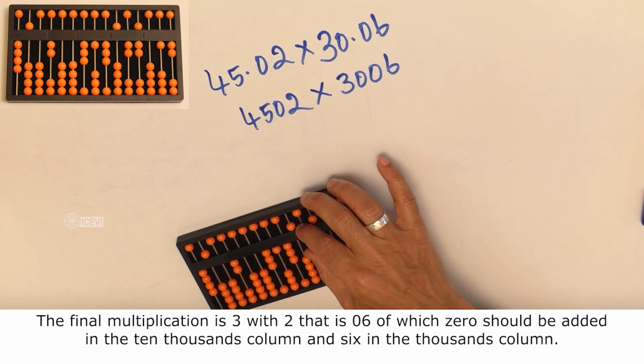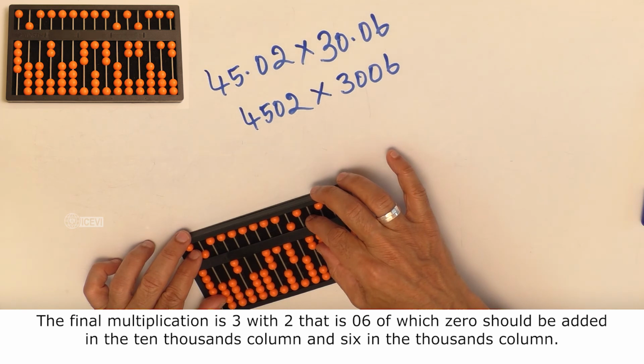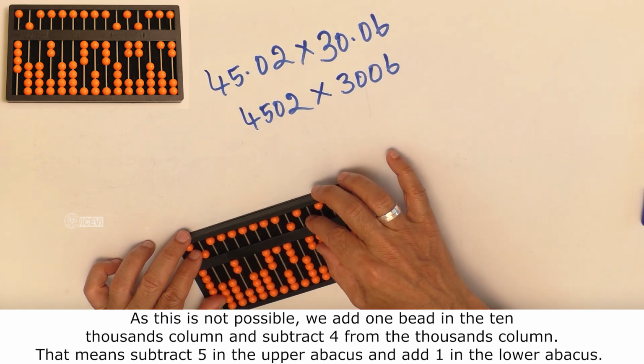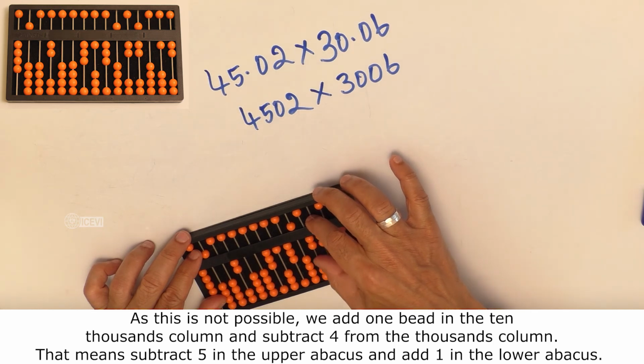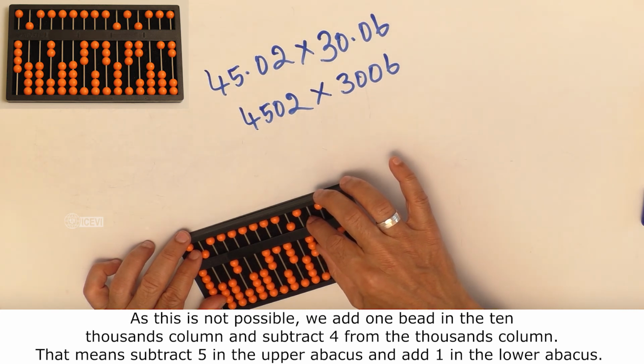The final multiplication is 3 with 2, that is 06, of which 0 should be added in the 10,000s column and 6 in the thousands column. As this is not possible, we add one bead in the 10,000s column and subtract 4 from the thousands column.